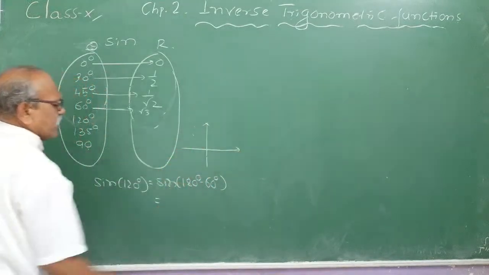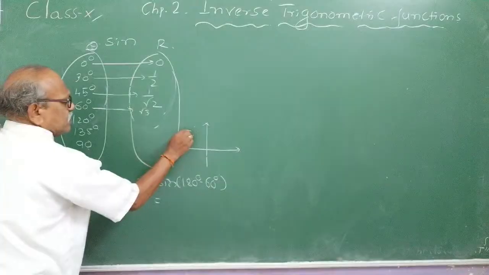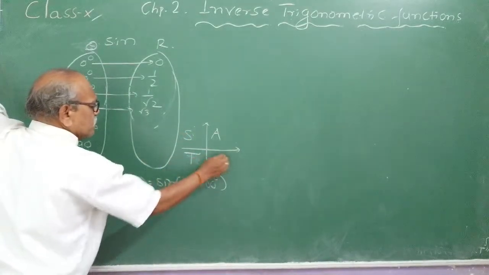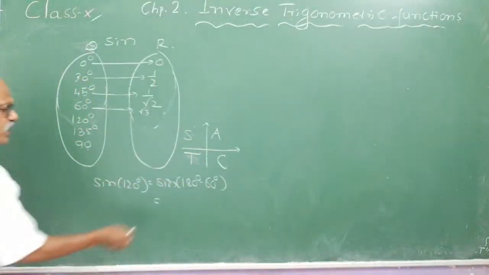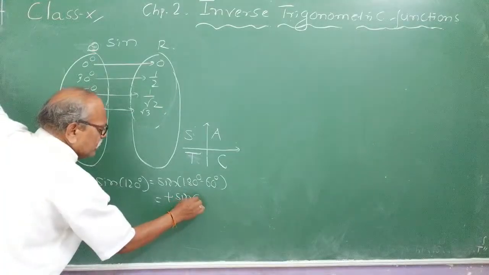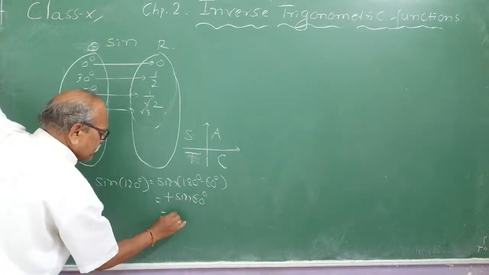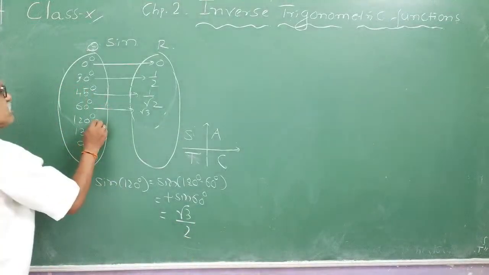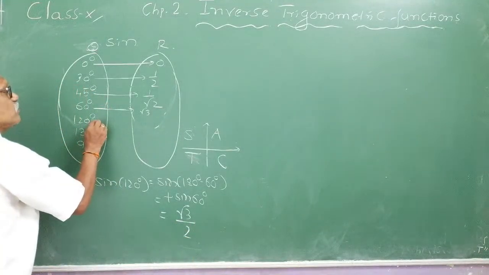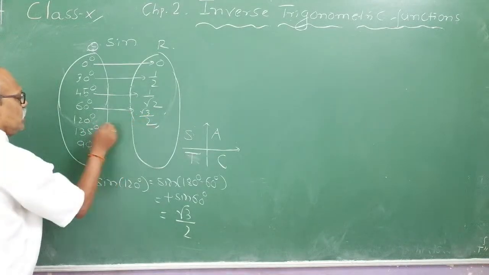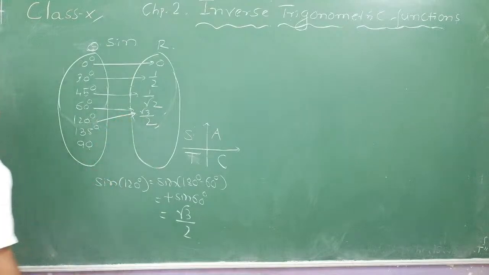In the second quadrant, 180 minus theta, ASTC rule. Sine and cosec are positive and even multiple of 90 degree, therefore you can take it as sine 60 degree. We discussed in our previous class, it will give you the value root 3 by 2. Means sine 120 degree is equal to sine 60 degree is equal to root 3 by 2.